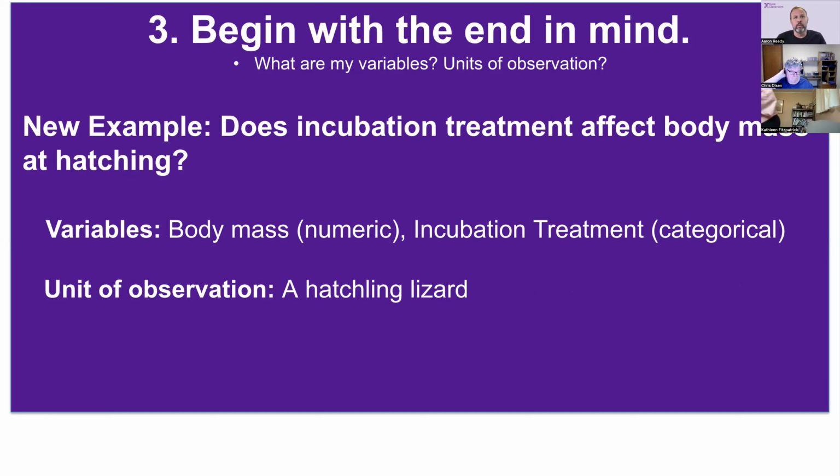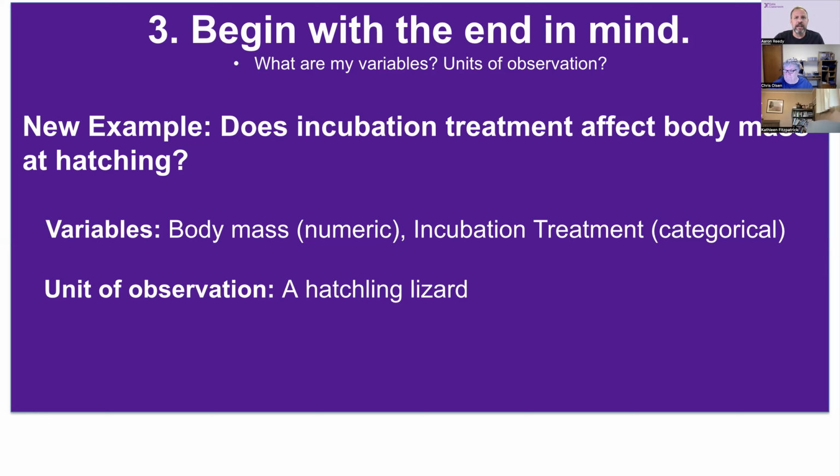But we can reduce this down to answer this question. We need to collect data on two different variables. We need to know body mass and we need incubation treatment. And we need to get this from multiple units of observation. So we need to hatch multiple lizards, and each row of our data set is going to represent a single lizard here.